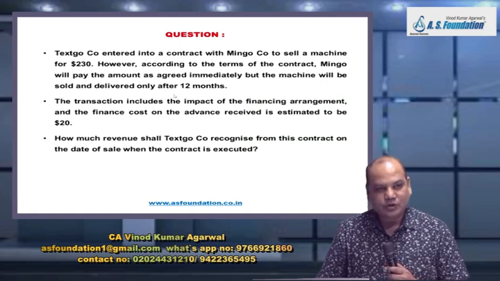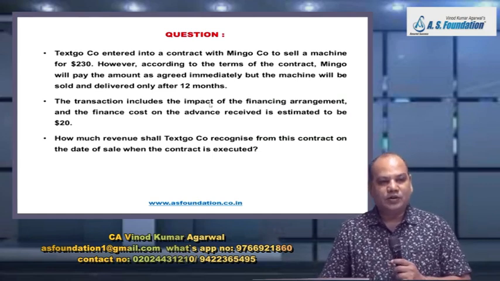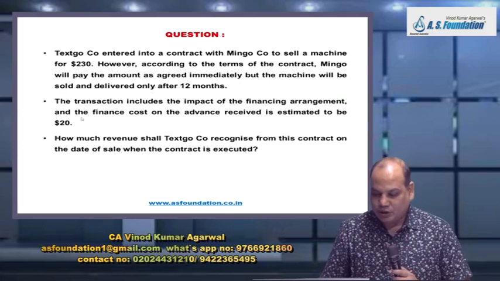Now, this is a question which is opposite to the first one. You get the advance, you deliver the machine after 12 months. Transaction includes the impact of the financing arrangement, and the finance cost on the advance received is estimated to be $20. So this calculation they have done for you.